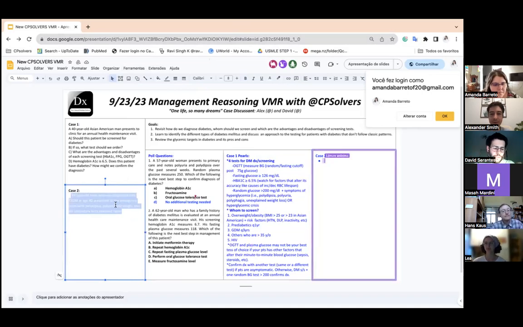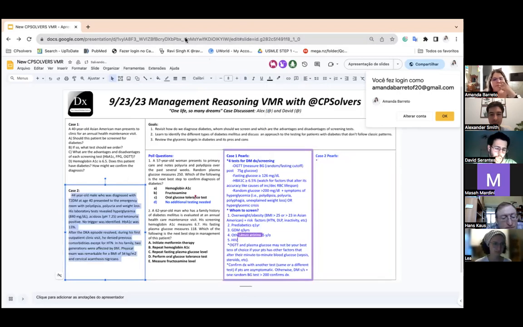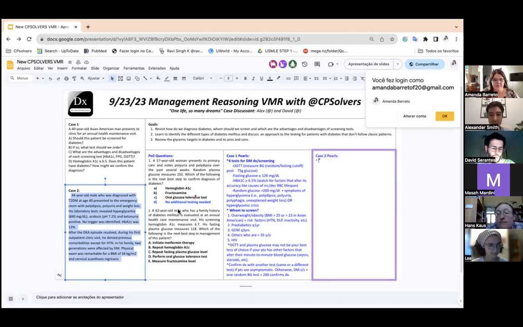This is a 44-year-old male who was diagnosed with type 2 diabetes at the age of 40, who presented to the emergency room with polydipsia, polyuria, and weight loss. His glucose was 840. He had acidosis with a pH of 7.25 and ketonuria, and no trigger was identified.